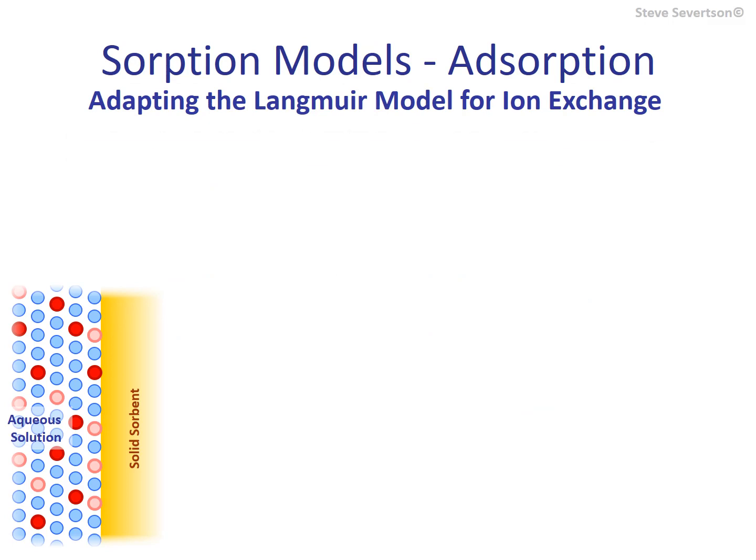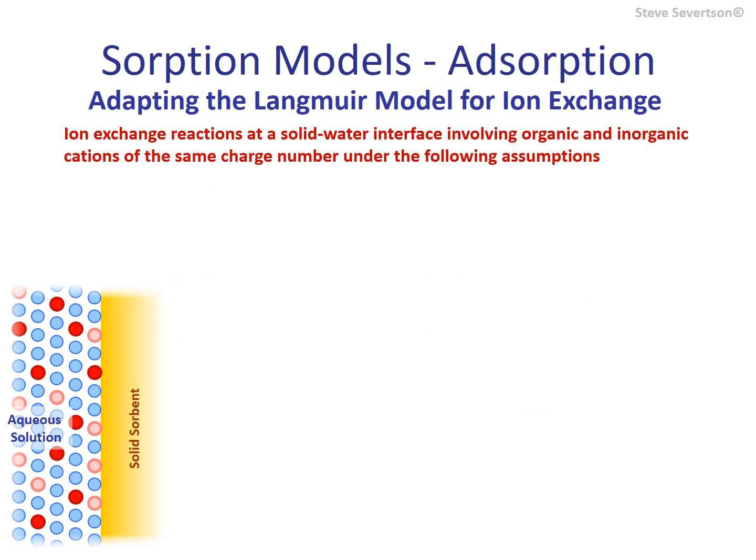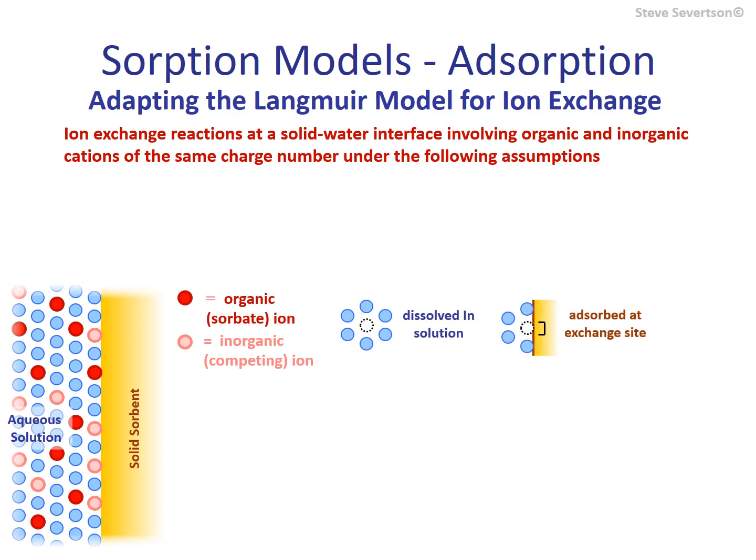Next, we look at adapting the Langmuir model for ion exchange reactions at charged surfaces. The process again involves competitive adsorption between two chemical species. However, in this case, the sorbates are two ions. Usually considered will be one organic ion and one inorganic ion. In this case, the solvent molecules are not involved in the reaction. The adapted assumptions include the following.